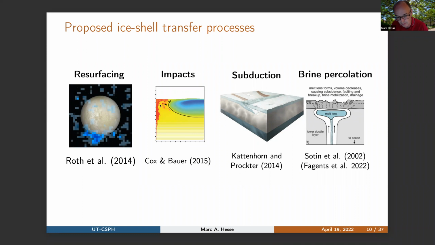Although some people argue that maybe chaos terrains could be penetrating impacts, that doesn't seem to be a popular idea. It's hard to imagine that you could sustain an oxygenated ocean with the kind of very rare penetrating impacts that come along.